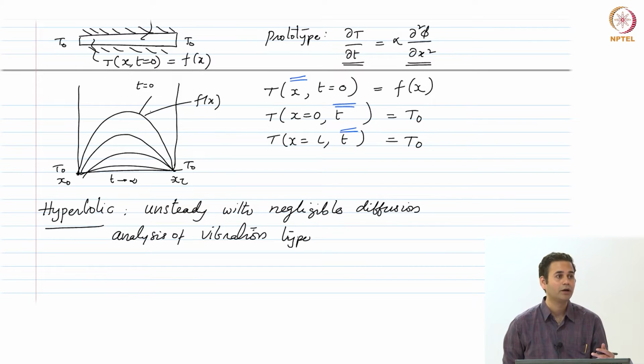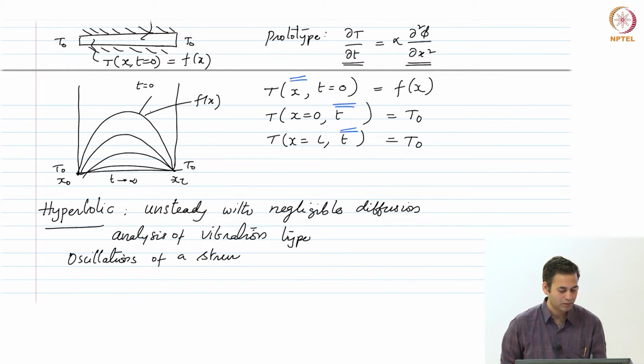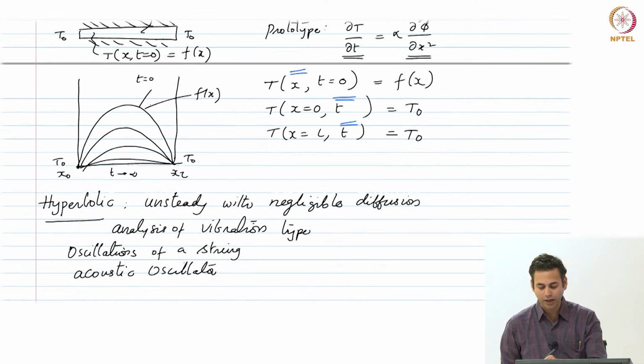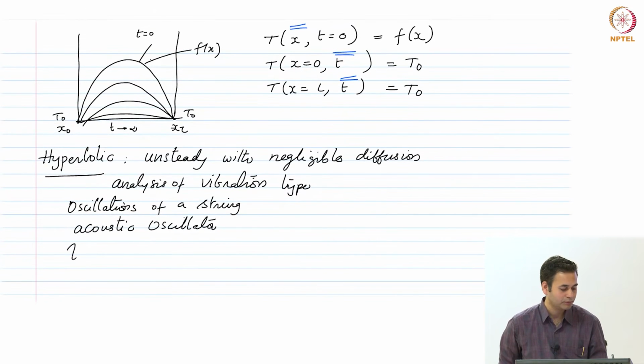So, if you have a string that is oscillating, or we have an acoustic oscillator, or even if you have a fluid flow at speeds close to the speed of sound.